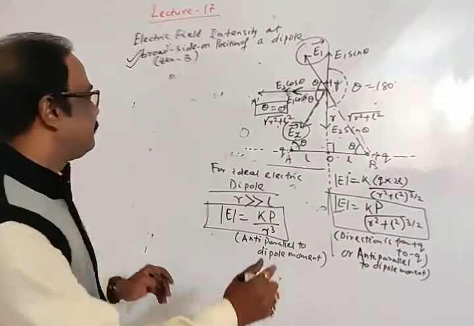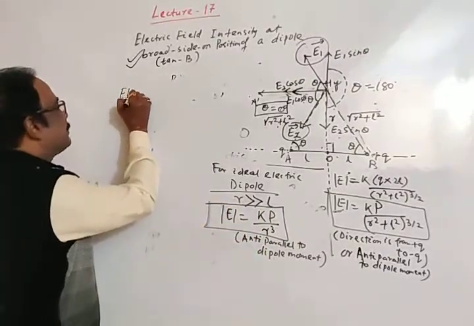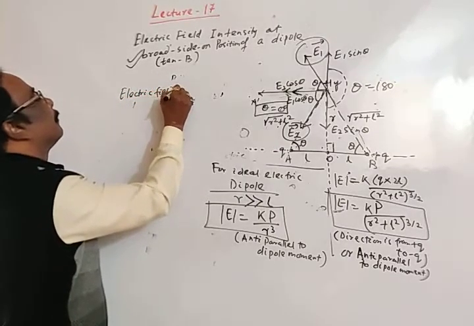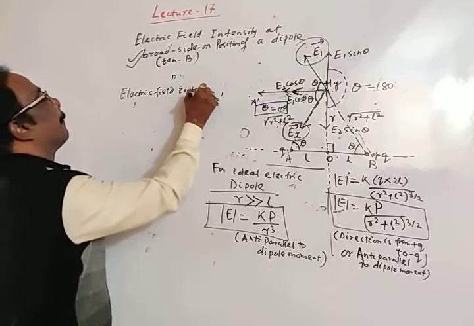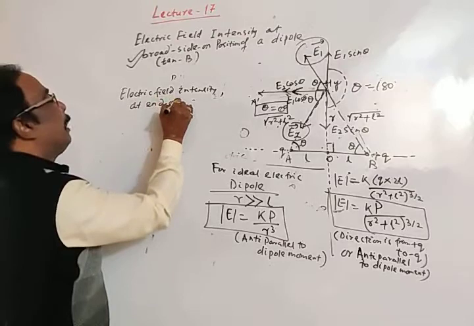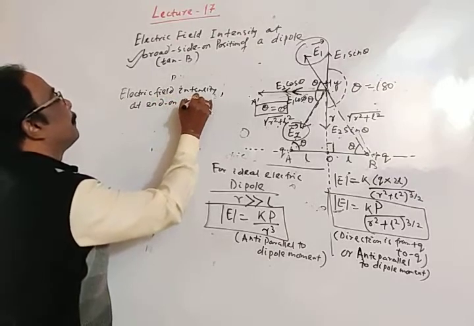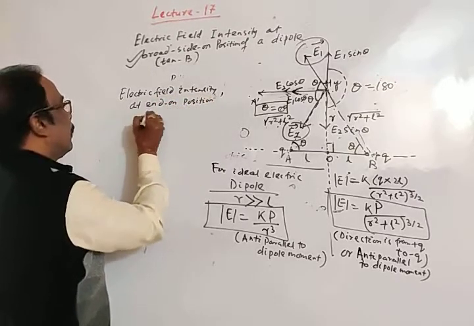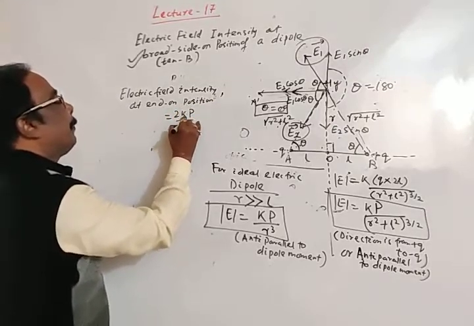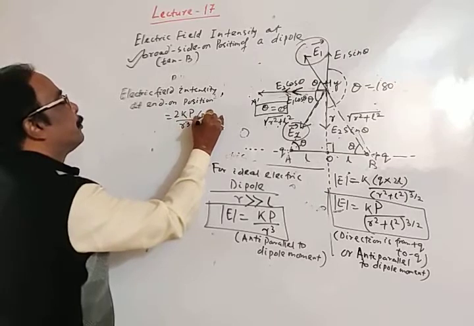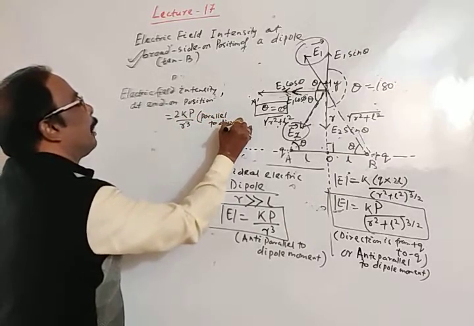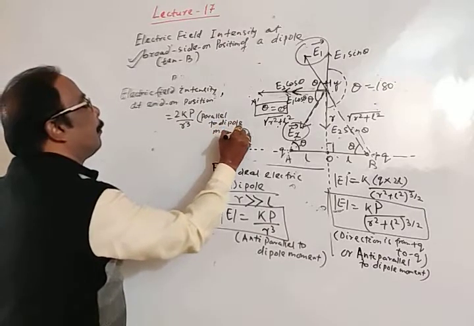Simple comparison. Electric field intensity at end-on position is equal to, for an ideal electric dipole, 2 Kp by R cube, direction is parallel to dipole moment.